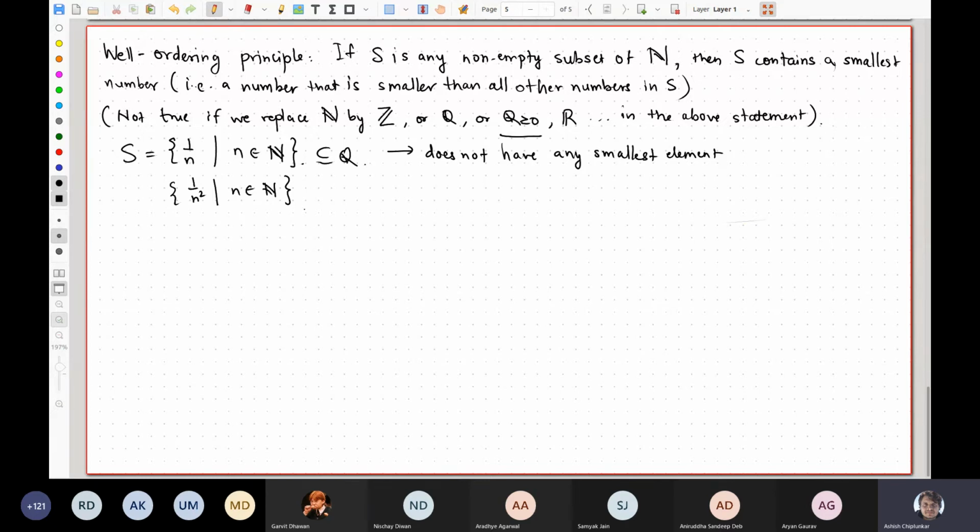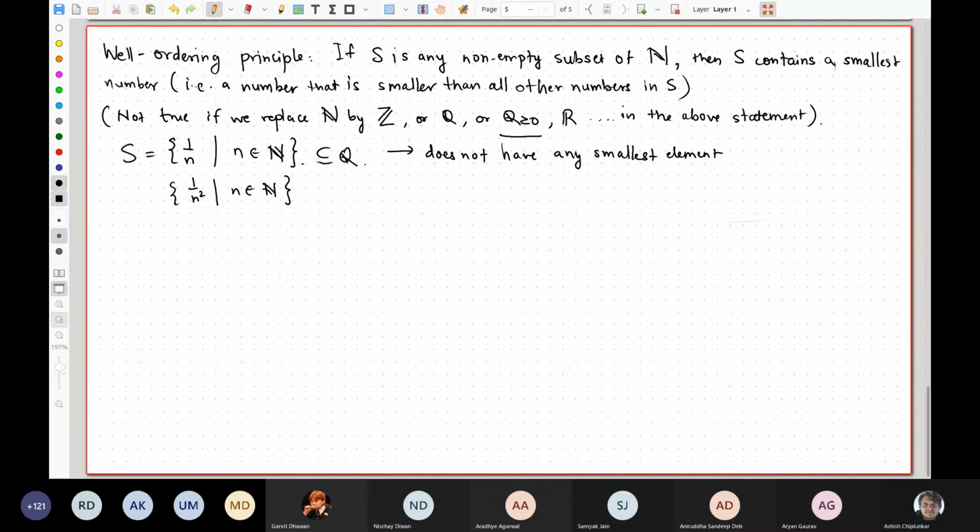All I'm talking about is the very basic order on all these numbers which we have studied in school so far. If you define an appropriate order on the set of integers or even the set of rational numbers, you might be able to convert it into a set which is well ordered. But with respect to the standard order, it's not well ordered. So these are not well ordered sets.